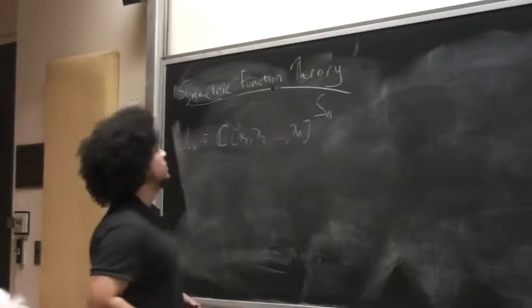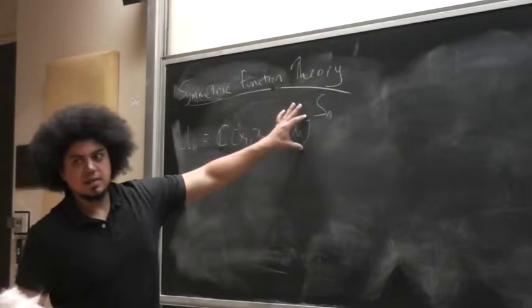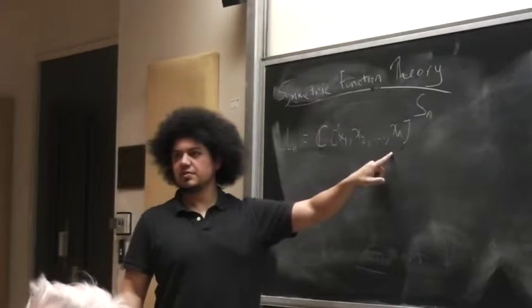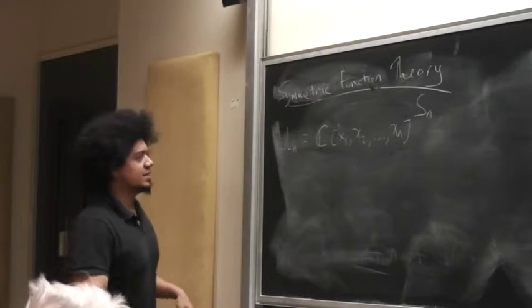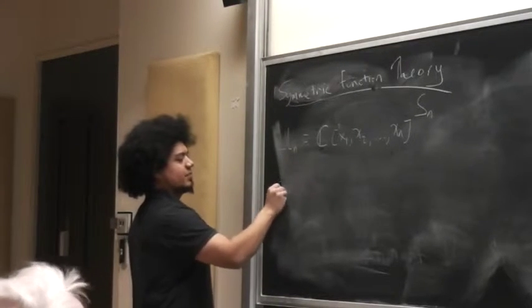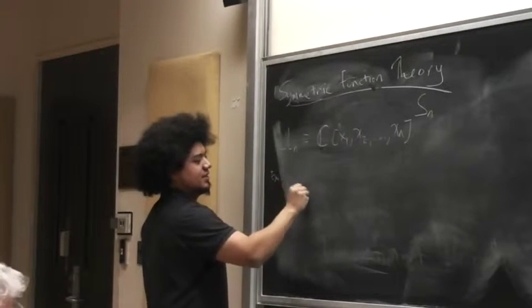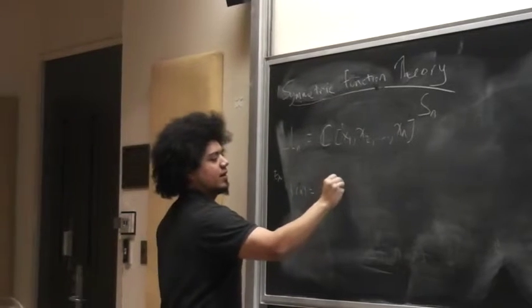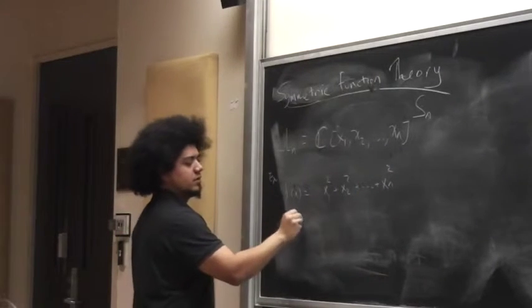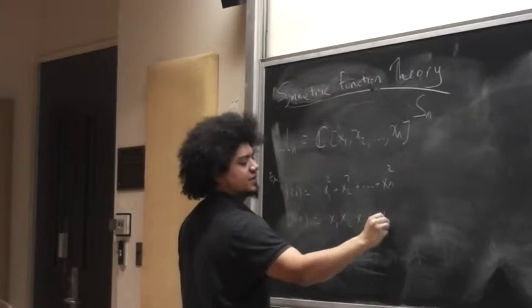These are the polynomials with entries in C that are invariant under the action of Sn. What's the action of Sn? Permutation of the variables. An example of one of these would be x1 squared plus x2 squared, and so on, or x1 times x2 times x3, etc.